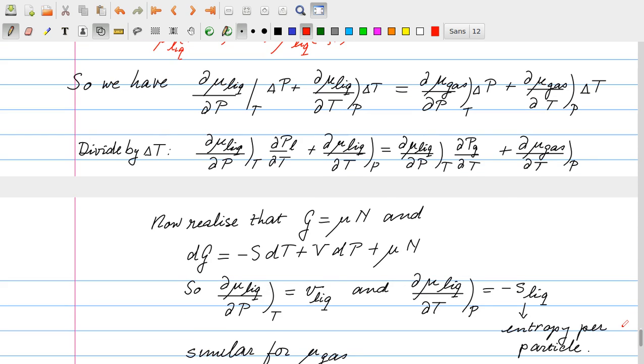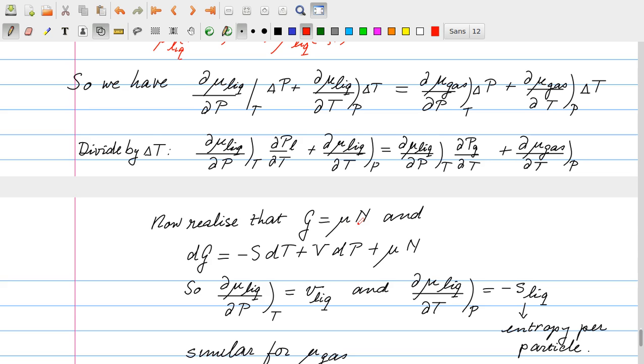Now we would like to know obviously what the d mu liquid dP is, what the d mu liquid dT is, and in order to find an answer to that, we realize that the Gibbs free energy is directly related to mu. It's mu times N, as we have seen several times before.